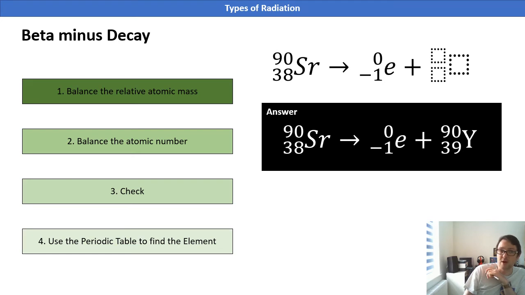So we've now worked out what happens in a beta minus decay, and we can see that the number of protons has increased from 38, but the number of protons plus neutrons has stayed the same. So therefore we must be converting one neutron to one proton. So that's what's happening inside, and it's emitting that one electron, which is our beta minus decay.